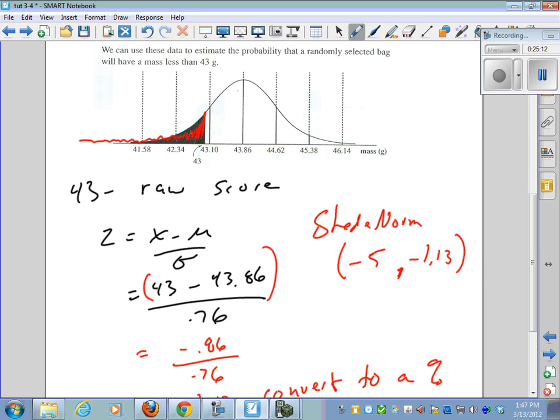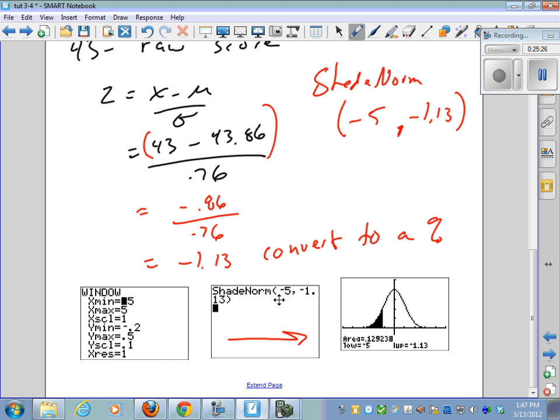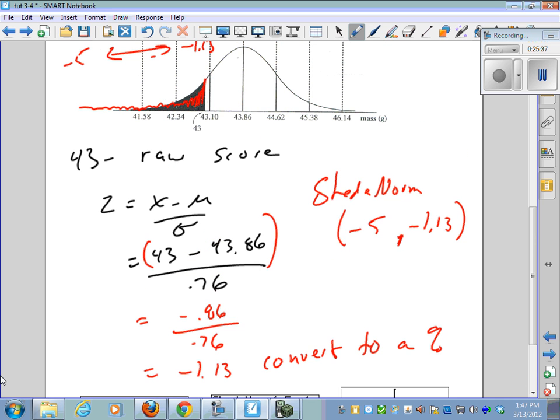So I'm shading from -5 all the way from left to right to -1.13. I have to shade that region from -5 to -1.13. So I type in shade norm -5, -1.13. How do I get the -1.13? Because when I converted my raw score to a z-score, that's what I got, -1.13. That's the furthest right that I have to color.